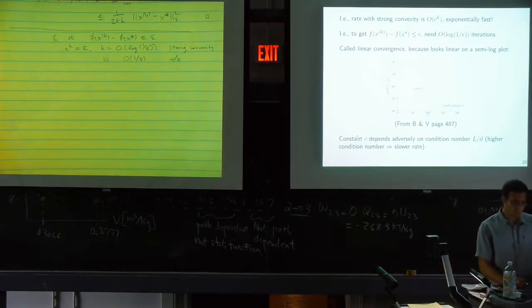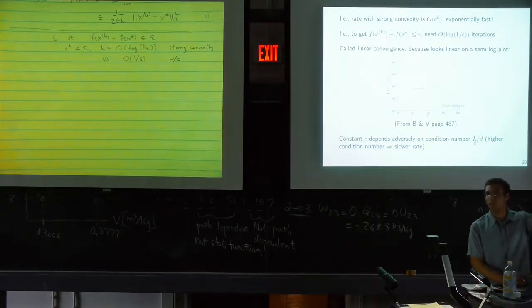Another really important thing to be aware of is that the constant c, right, it's c to the k for some constant c, depends on the condition number of the Hessian, which is L divided by D, its biggest eigenvalue divided by its smallest eigenvalue, in a bad way. So if it has really bad conditioning, which means it has a really big largest eigenvalue and a really small smallest eigenvalue, then that's going to affect the rate really strongly.